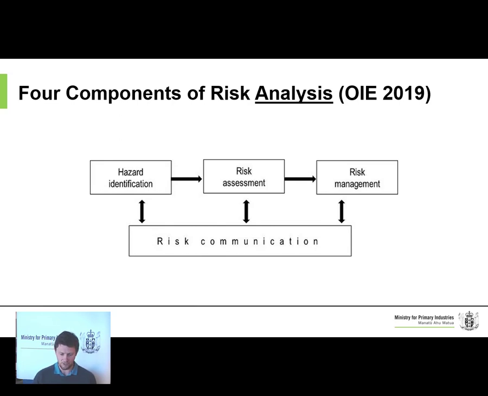And obviously at each part of those processes you are communicating with the right individuals around the steps you are taking, or the research you are undertaking for carrying out the risk analysis itself.